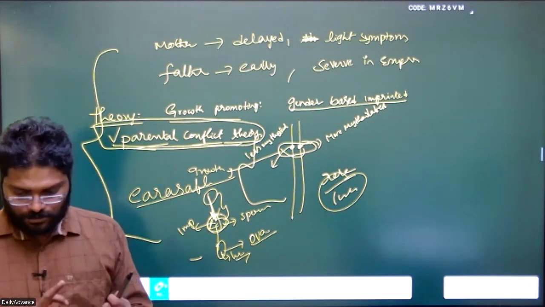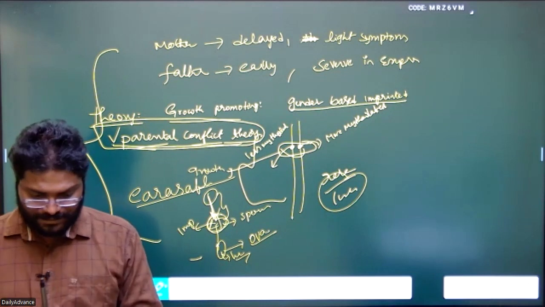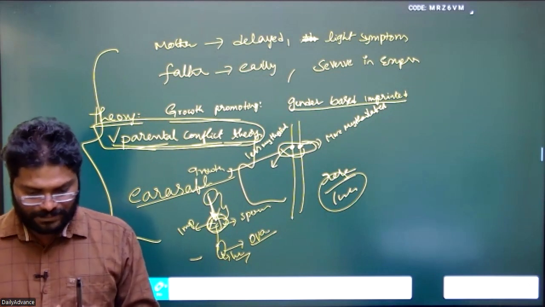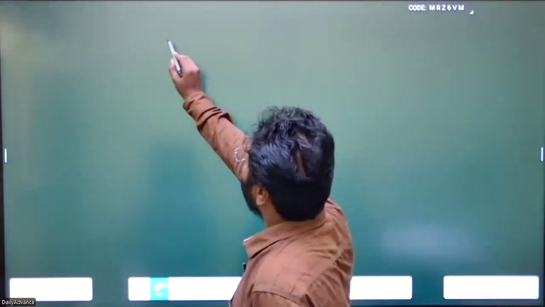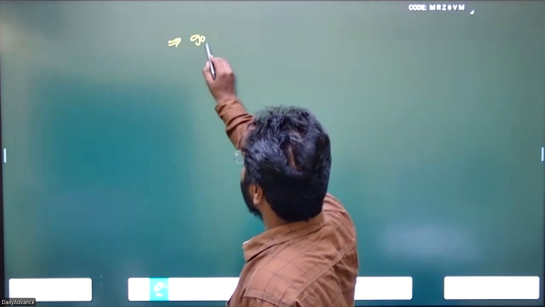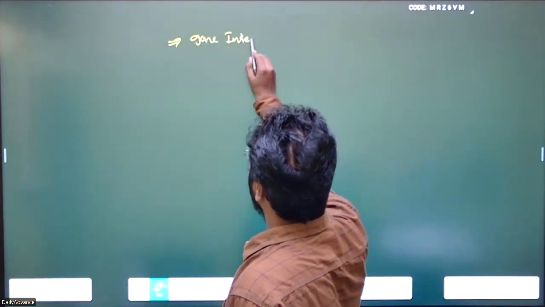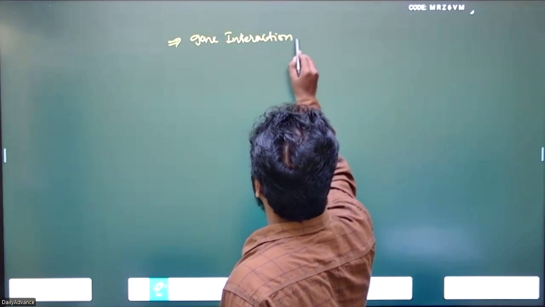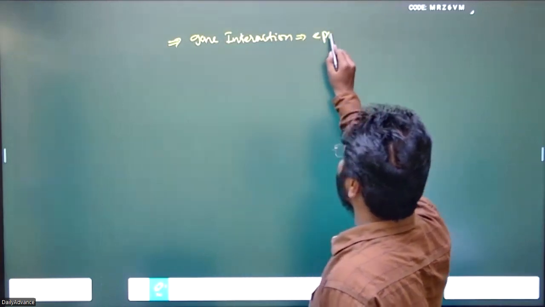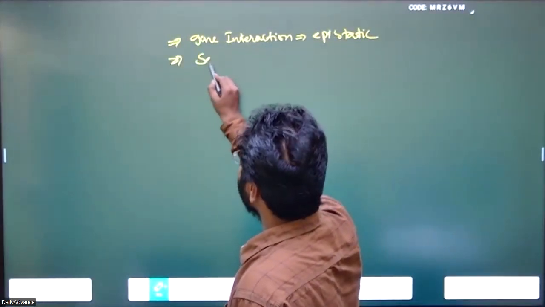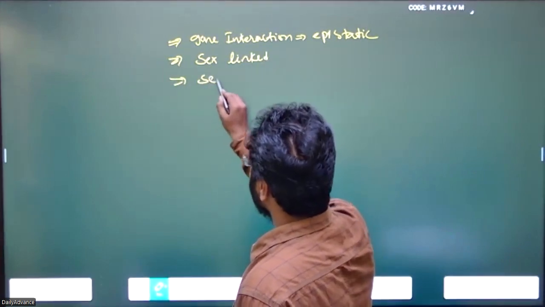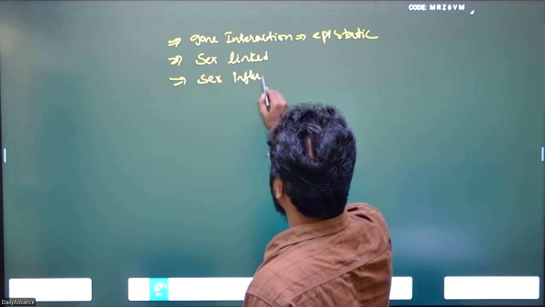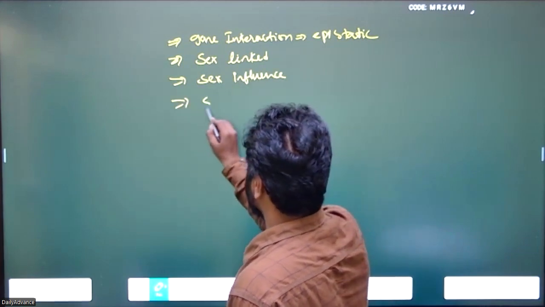Till now, we did the exceptions of Mendelian genetics. I am recollecting one more time. Gene interactions, which we called epistatic genes. Sex linked, sex influenced, sex limited.